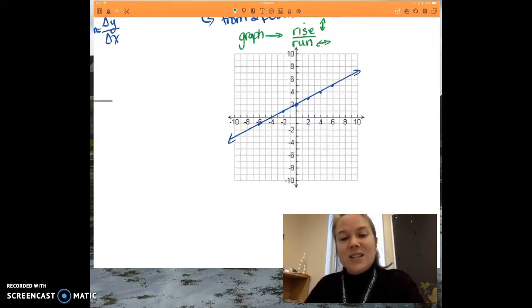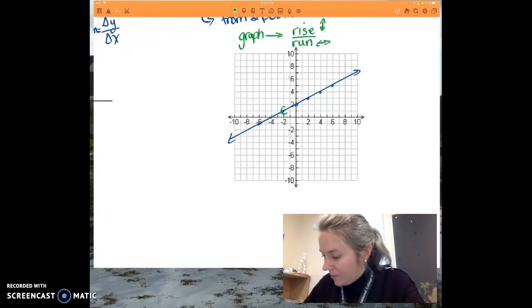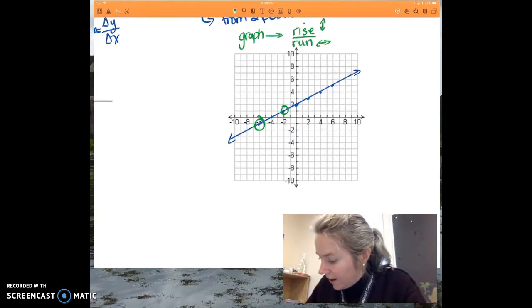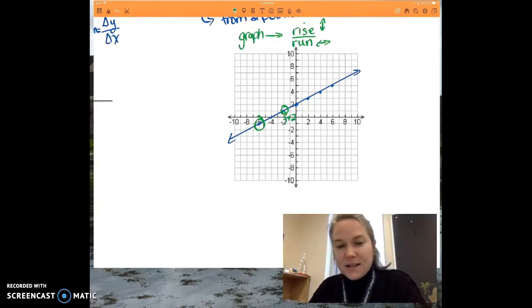What we're going to do is select 2 points where the relation crosses the lines perfectly. So let's look at this one. That's a nice point, and that's a nice point. So I'm going to look at how the y value changes between these 2 points. If I look at the change in y, 1, 2, so the change in y is positive 2.